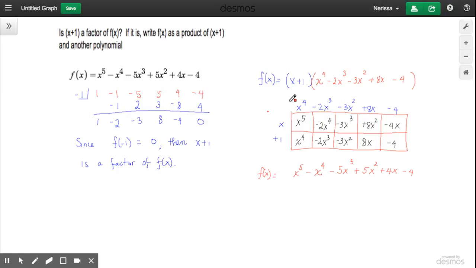The other factor will have a degree 1 less than f of x. So therefore, we're going to start here with 1x to the fourth, and then negative 2x cubed, negative 3x squared, plus 8x minus 4. This is the other polynomial or the other factor of f of x that is being multiplied by the factor x plus 1.